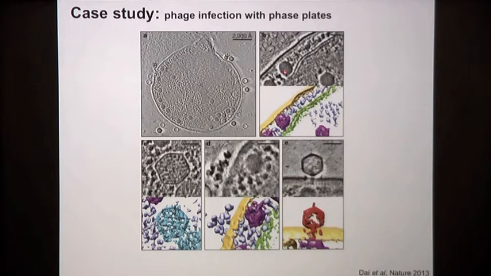So they could identify phage intermediates which were about to enter the cell, had entered the cell, and they could even do subtomogram averaging to define different states of the phage during the infection cycle.